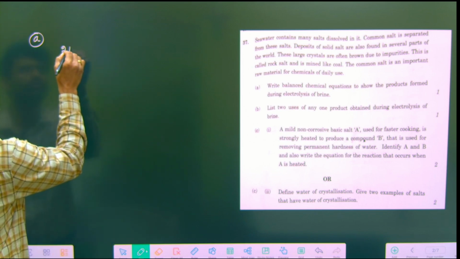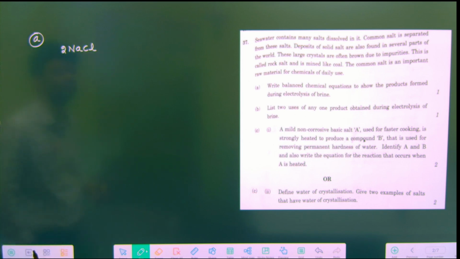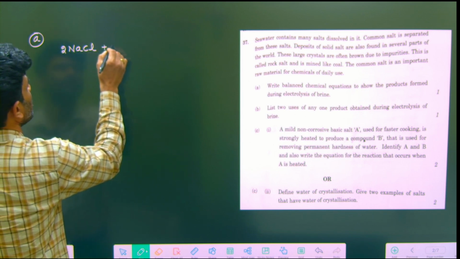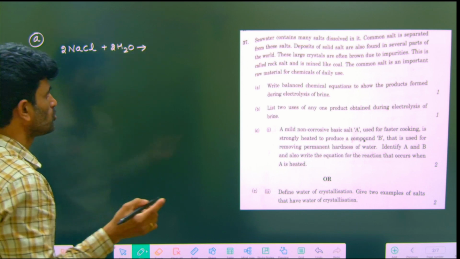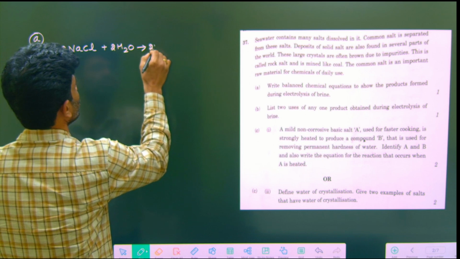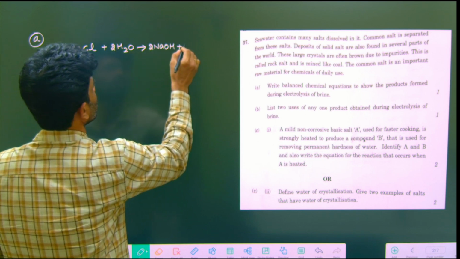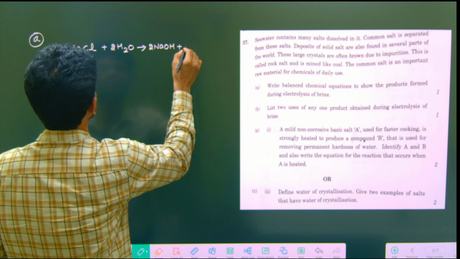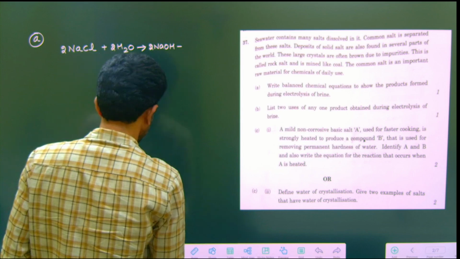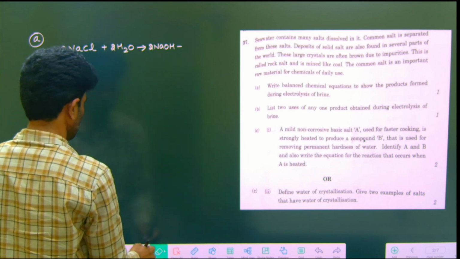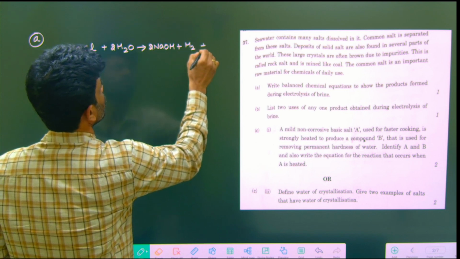So we have to decompose sodium chloride in the presence of water, electrolysis: 2NaCl + 2H2O gives 2NaOH + H2 + Cl2.